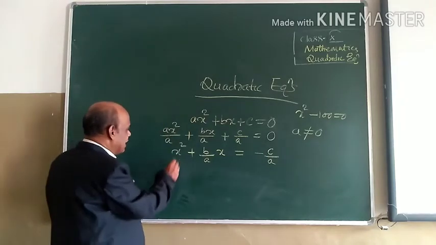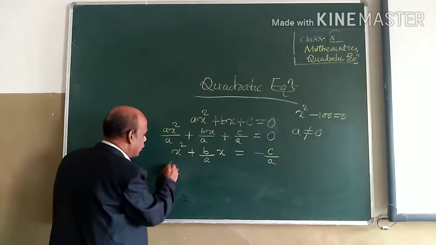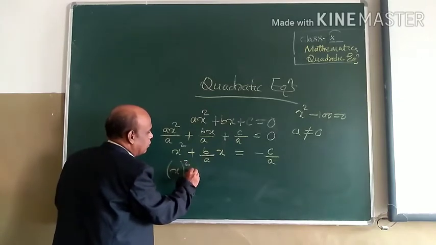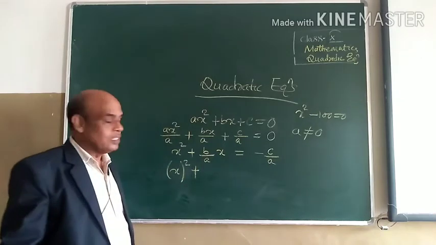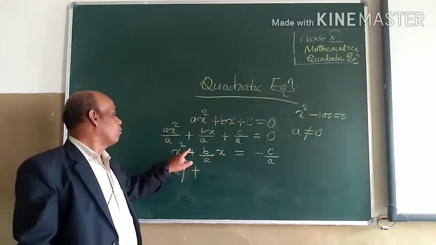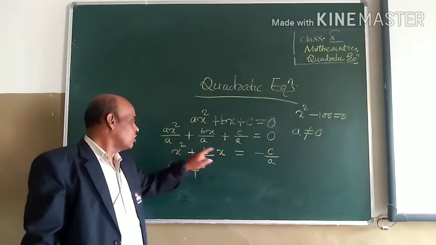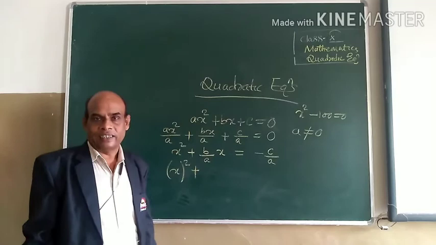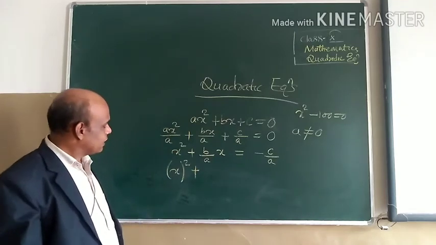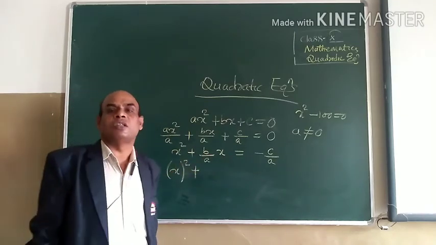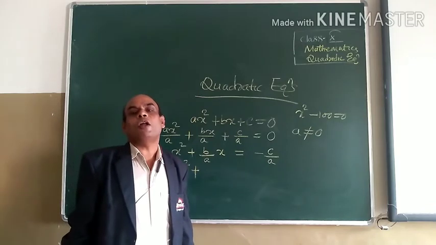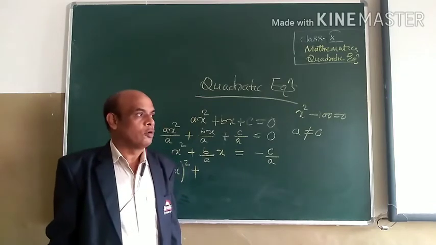So now I can write x square plus, since here you see x into b by a is there, I want to write this equation in the a plus b whole square form.